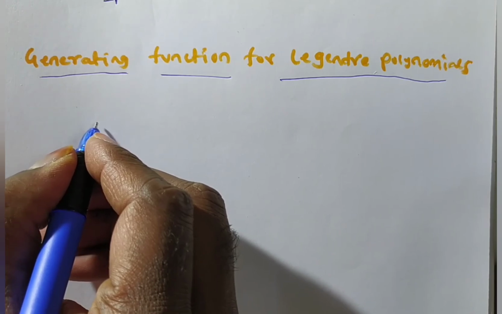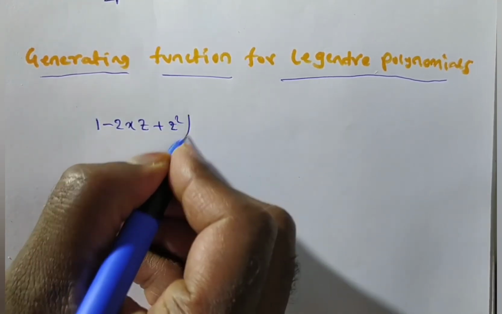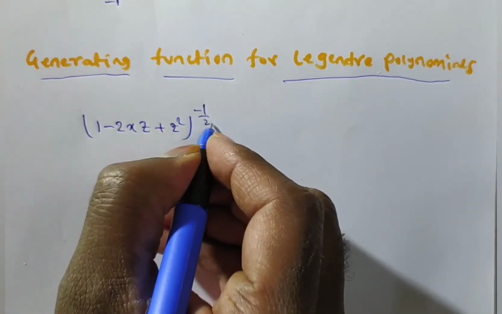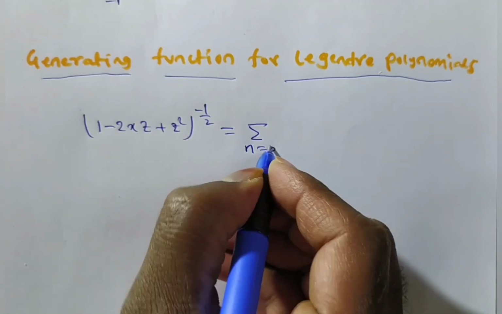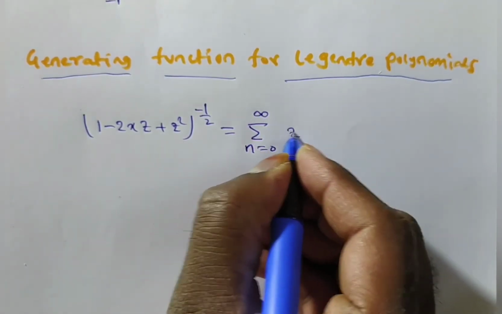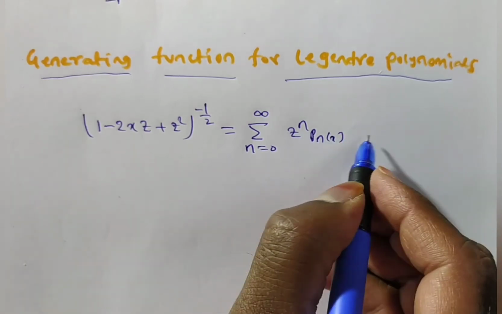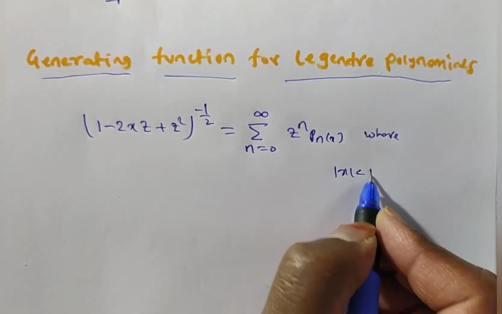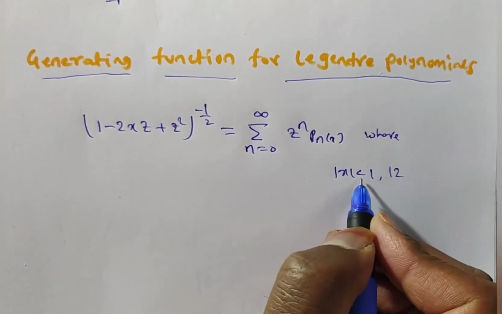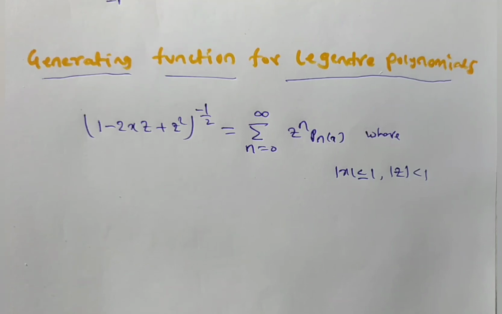We have (1 minus 2xz plus z square) whole to the power of minus 1 by 2 is equal to summation n is equal to 0 to infinity z to the power of n into Pn of x, where mod x is less than or equal to 1 and mod z is less than 1. I will repeat again.